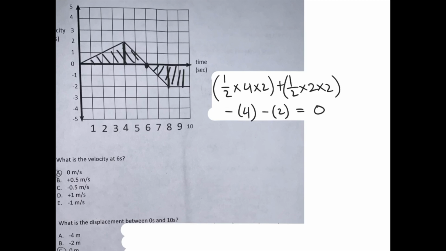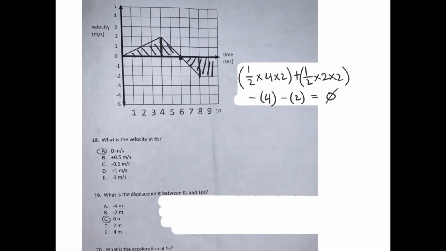So we have 1/2 times 4 times 2 plus 1/2 times 2 times 2 minus 4 minus 2, which gives us a net displacement of 0 meters, or answer choice C.